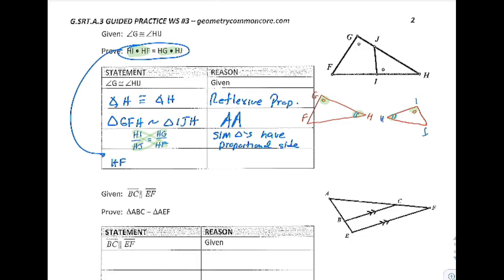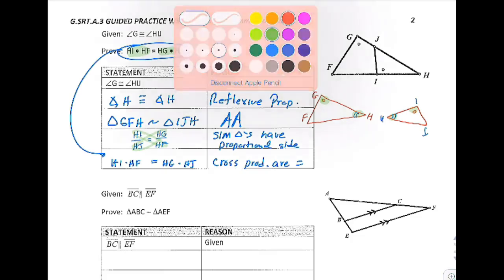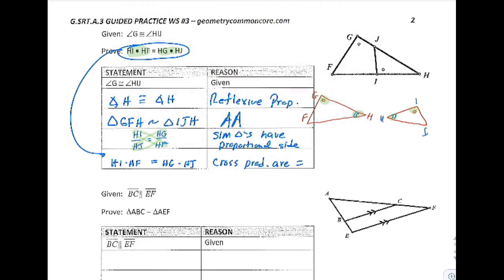HI times HF is equal to HG times HJ, because cross products are equal. Now, obviously those are new ideas here, but now you understand that you can go past just saying that they're similar and prove the statement that they ask you to prove.